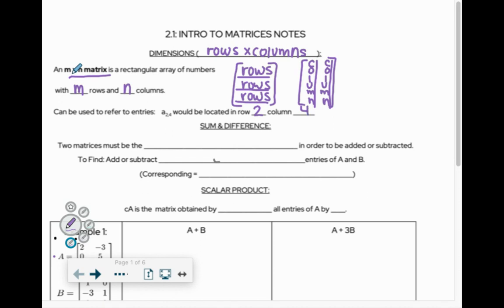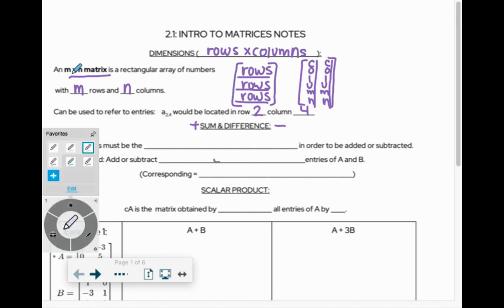All right, now let's talk about how to do some operations with them. If we want to do a sum or difference, remember that sum is addition and difference is subtraction, then we would need to have two matrices that are exactly the same dimensions.